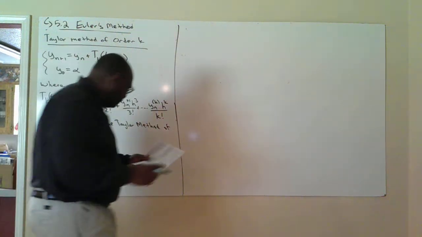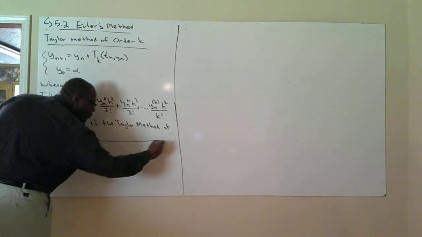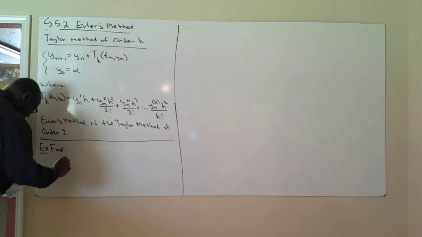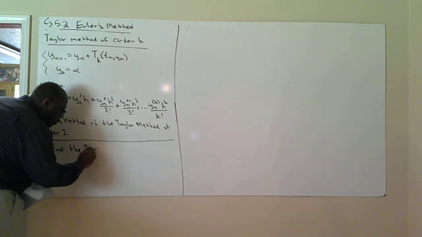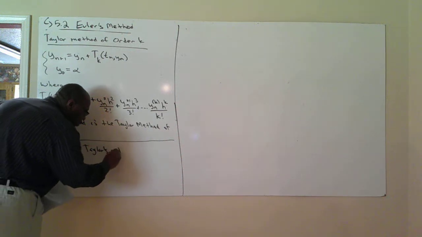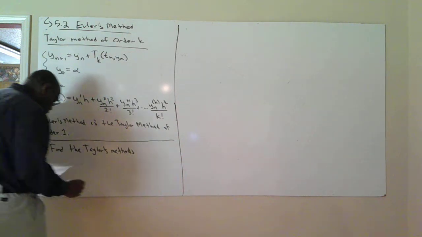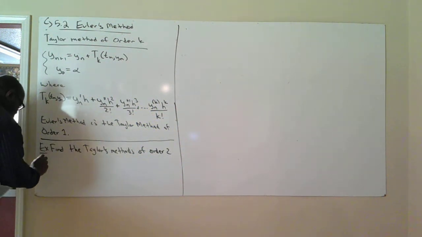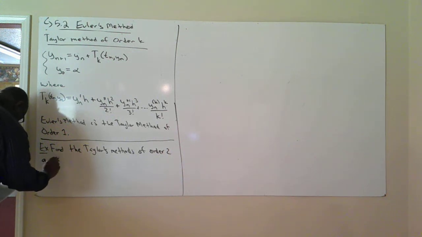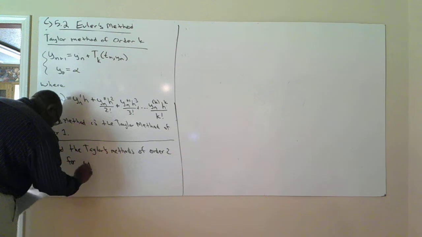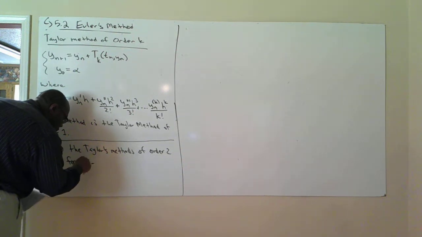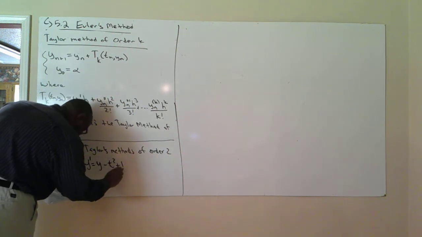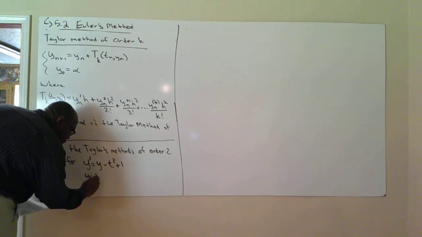So let's find the Taylor methods of order 2 and 4 for y prime equal to y minus t squared plus 1, with y of 0 equal to 0.5.